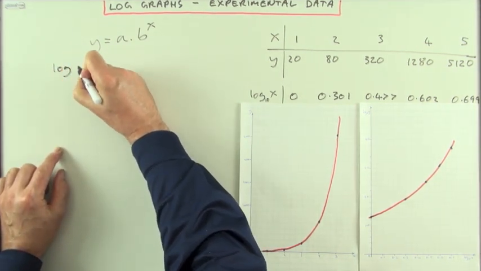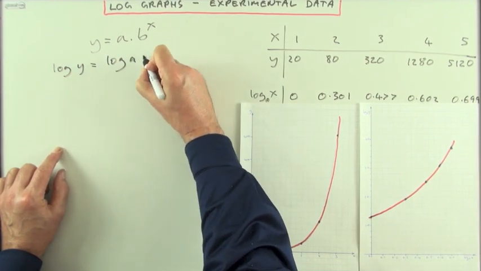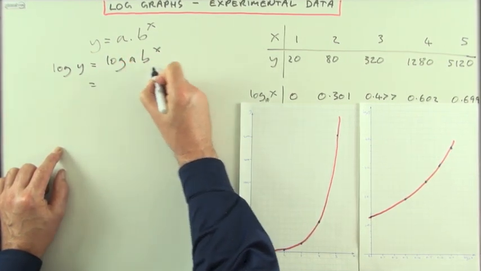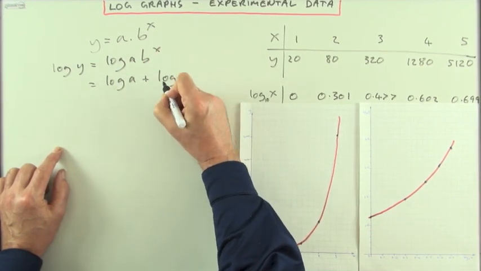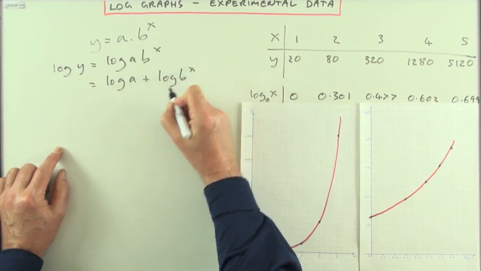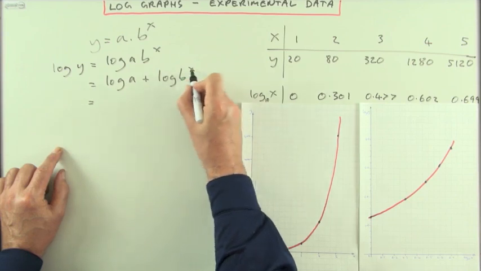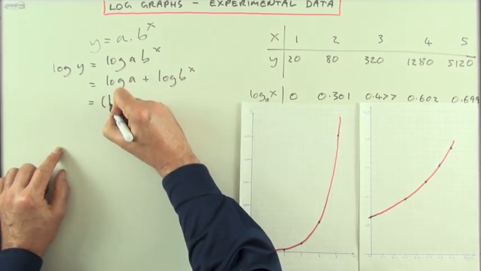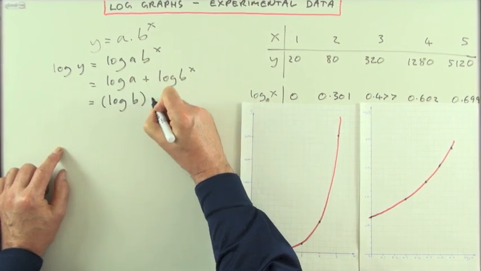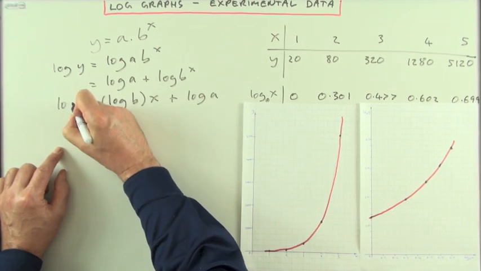If you take the log of both sides, I'll just use log to stand for log base 10. If you take the logs of both sides, I can use the law of logs to split that product into the sum of two parts rather. And then the power in the log term can come to the front, giving me x times log base 10 of b, which I'll just write the other way around as log base 10 of b times x plus log base 10 of a.